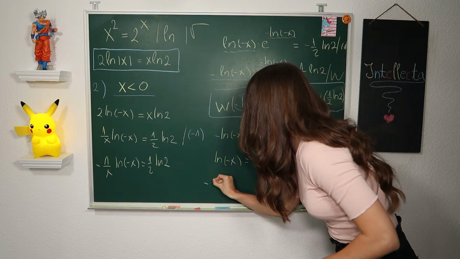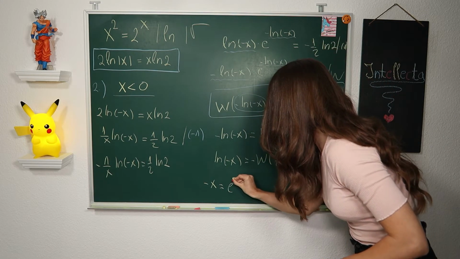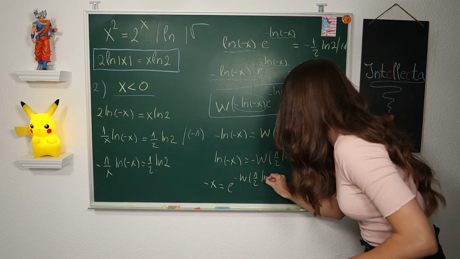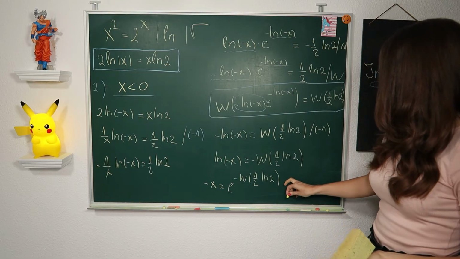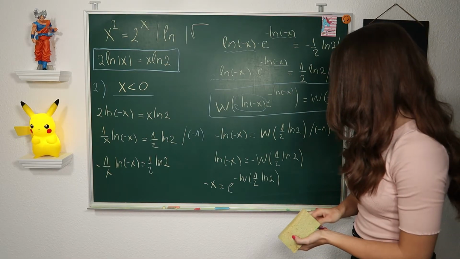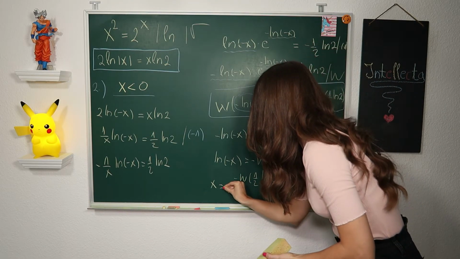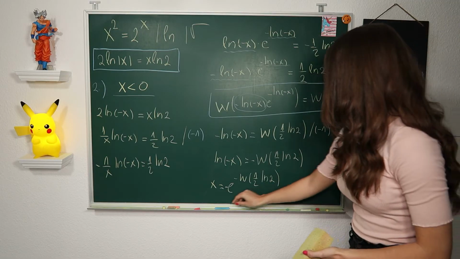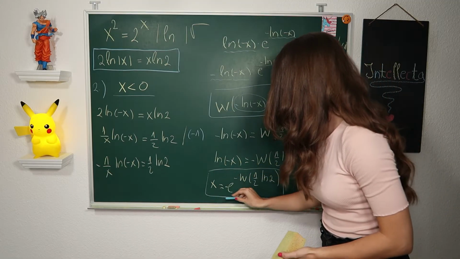Now negative x is equal to e raised to negative W of 1 over 2 ln of 2. And now multiplying by negative 1, we will have that x is equal to negative e to the negative W of 1 over 2 ln 2. And this is our x, so we got an expression for our x.